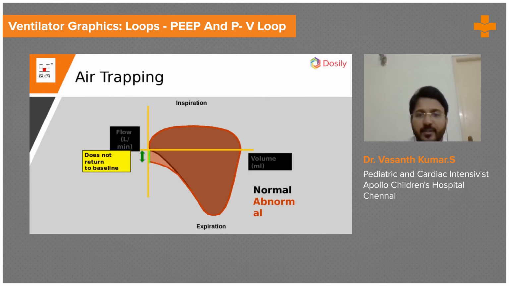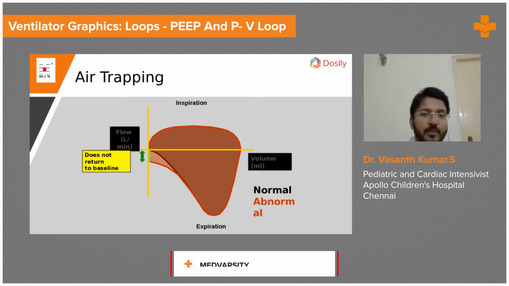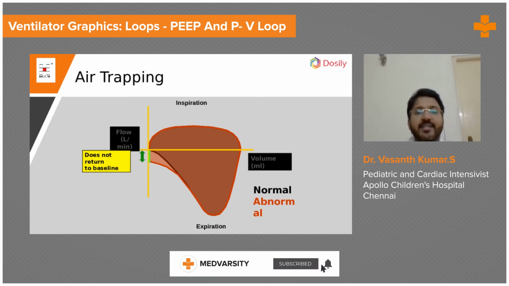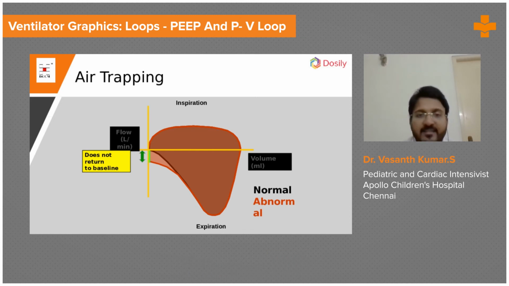In the next graphic, you can see the inspiratory volume is going inside, but the expiration is taking a longer time to reach the baseline. But it has reached the baseline. That means no volume is lost here, just that the air is taking longer to reach the baseline. So it creates a particular pressure inside the lungs. That is called auto PEEP or air trapping.